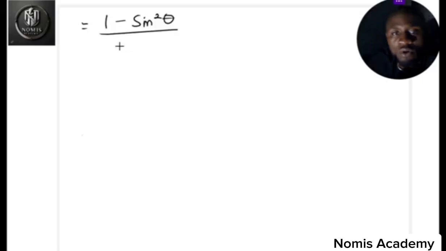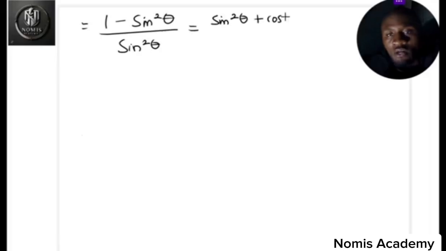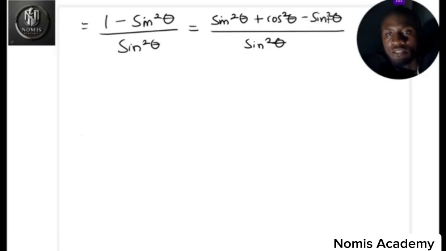What we have left was 1 minus sine squared theta all over sine squared theta. By the time we substitute the value of 1, it becomes sine squared theta plus cos squared theta minus sine squared theta all over sine squared theta. So I have sine squared theta minus sine squared theta.